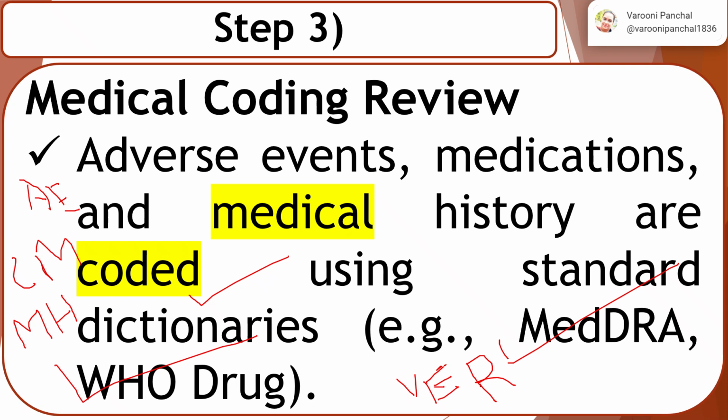So it becomes very essential to ensure that the medical coding is done for each and every adverse event term, each and every concomitant medication term and each and every medical history term. Not a single record should be missing without coding.